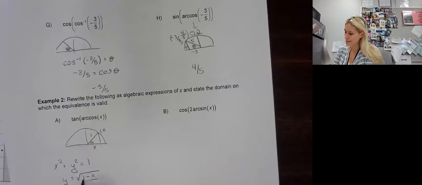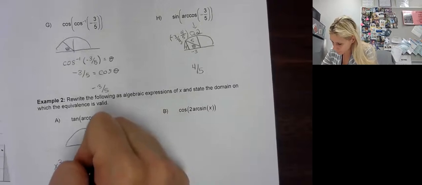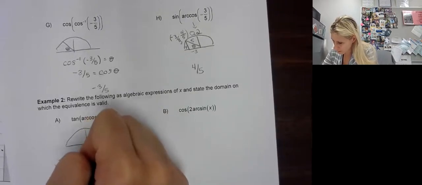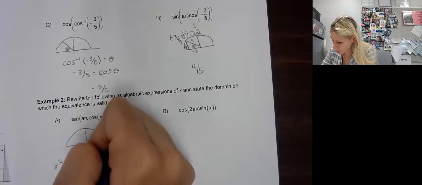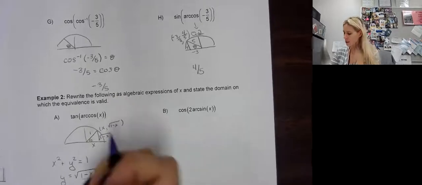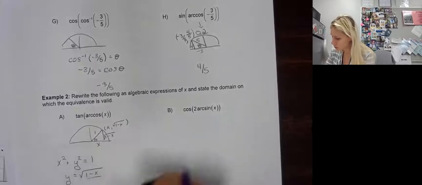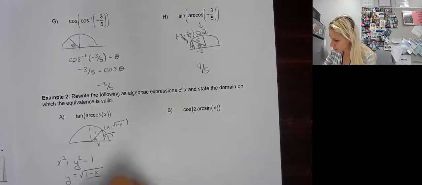So if y is the square root of 1 minus x squared, I'll put that in right here, so that coordinate would be the square root of 1 minus x squared over 1. Now we're finding tangent of that theta. So tangent of theta, which is y over x, comes out to be the square root of 1 minus x squared over x.